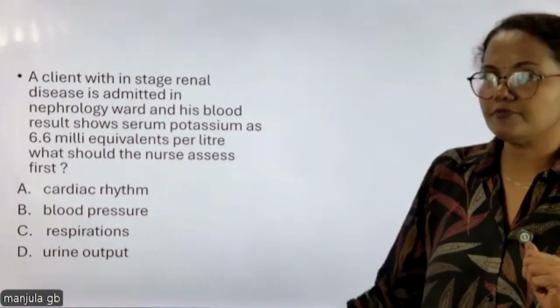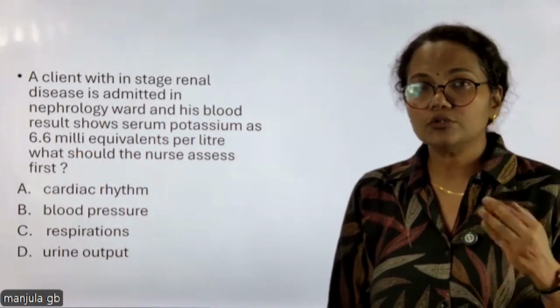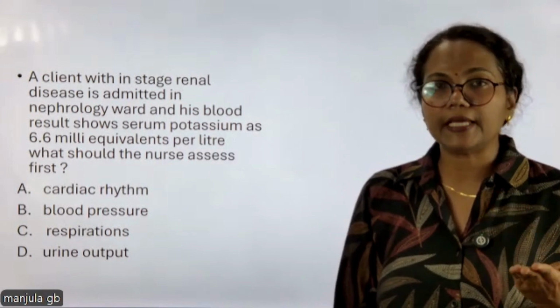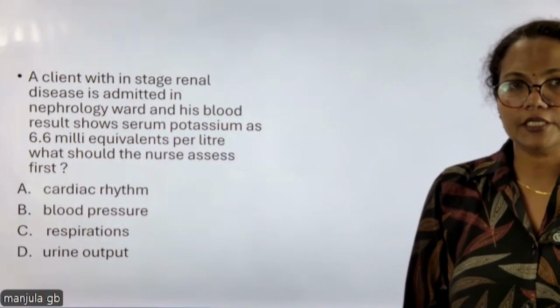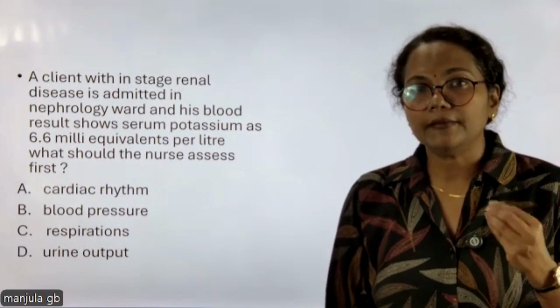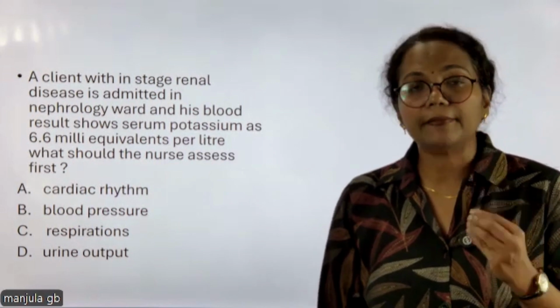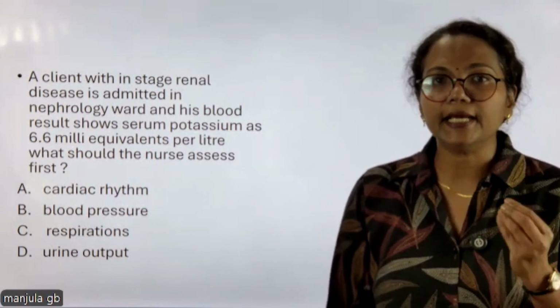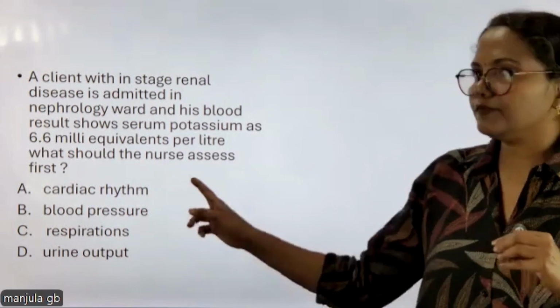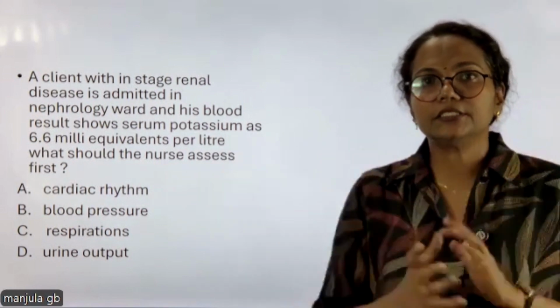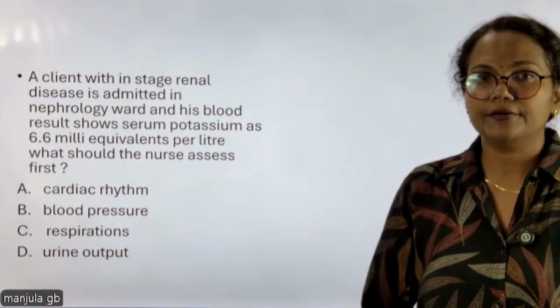Cardiac rhythm, blood pressure, respiration, urine output. So when the nurse knows that there is hyperkalemia, it should come to her mind that hyperkalemia will cause cardiac arrhythmias. So the first thing she should assess is the cardiac rhythm.